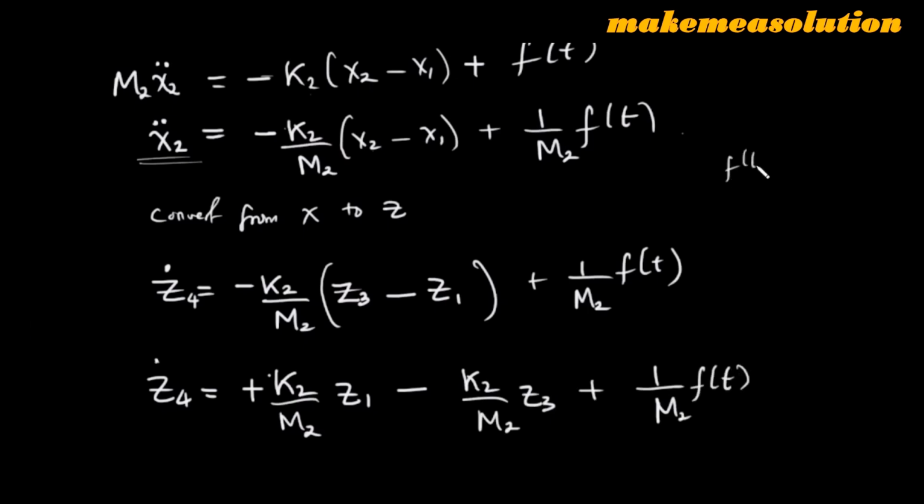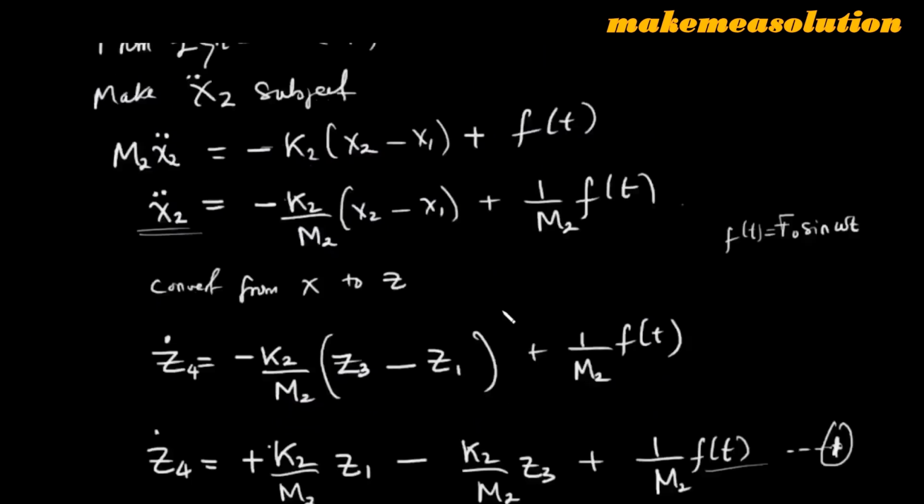Remember that f of t is f naught sine omega t. I'm just going to consolidate it in f of t for now. So we've gotten an expression for z4 dot.